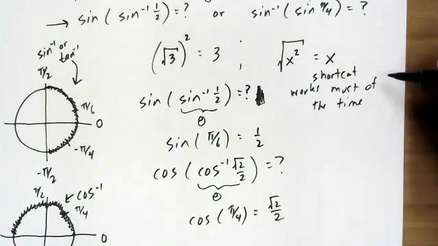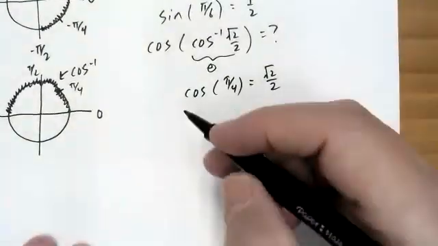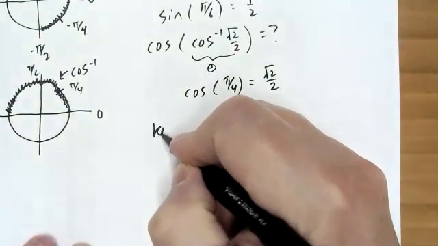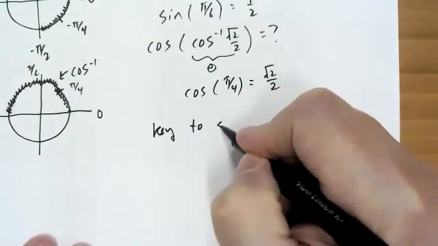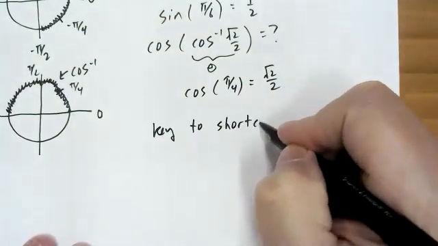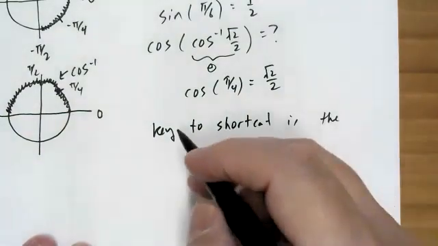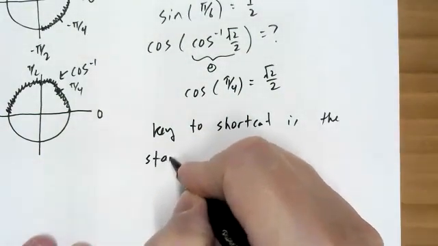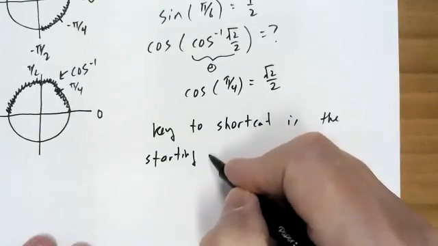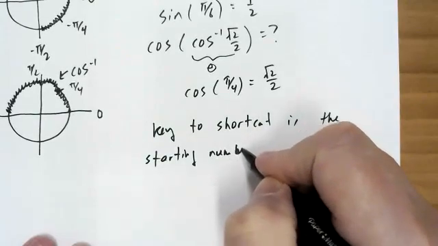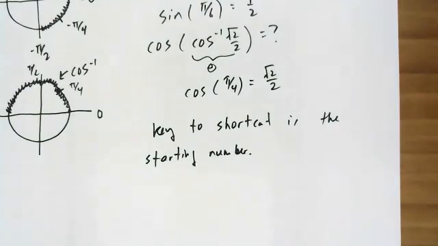What do I check to see if I can use a shortcut or not? And the key is the starting number inside your problem.